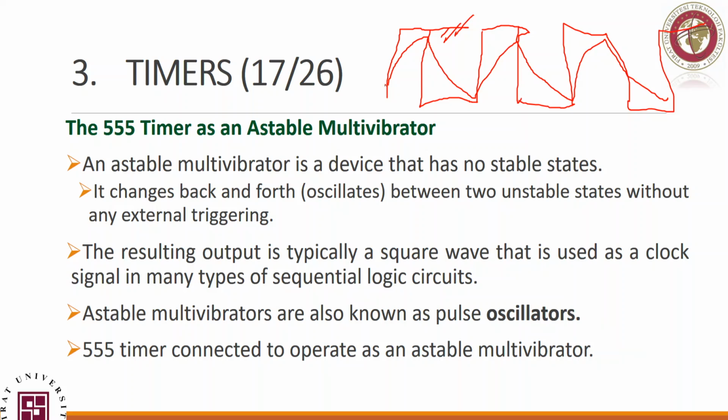So we create something like a pulse, like a clock, based on the charging and discharging process. Do you need to know this? You don't have to. I'm just explaining the concept of how it keeps bouncing between two different levels, based on charging and discharging.